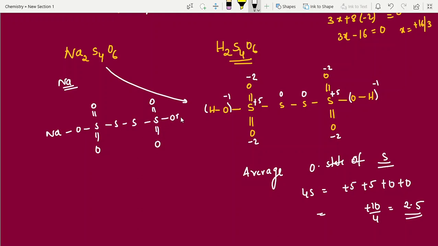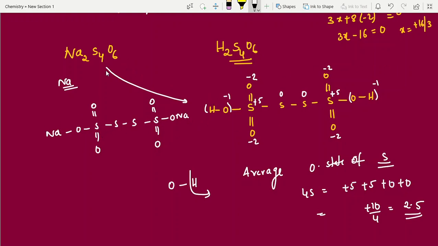Instead of hydrogens, I have written sodiums. That's fine. Whenever metals approach, who will give the space? Hydrogen. Why? Because these hydrogens are easily replaceable hydrogens. Because it is attached to a more electronegative atom, which is attracting electrons towards itself. In such a way, the bond between oxygen and hydrogen is weak. It is quickly losing, then sodium will come and attack. Here also sodium will come and attack.